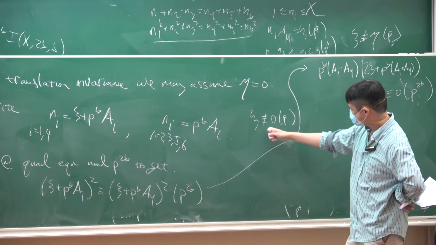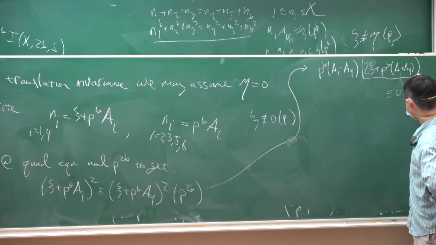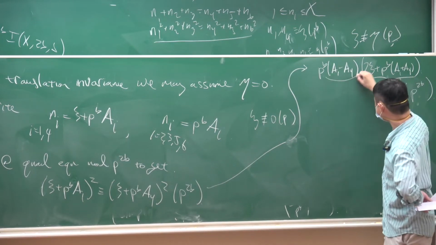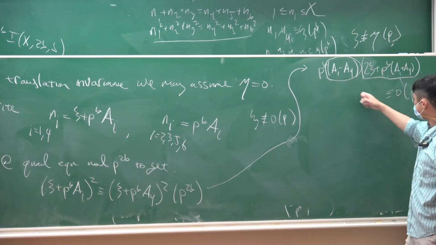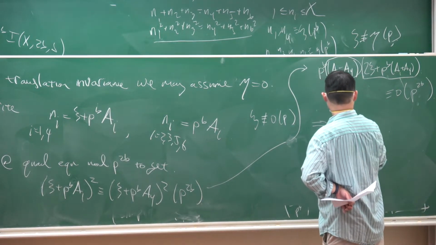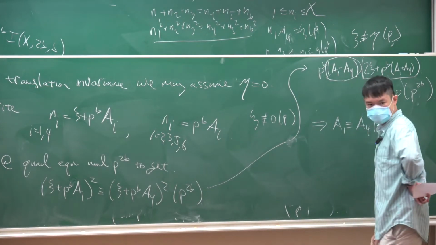We haven't used the fact that c is not divisible by p. So that means no powers of p can divide this guy. Right? Because c is not 0 mod p. So that means this thing is not divisible by p. So that means all the powers of p must divide this guy. So this implies that a1 is congruent to a4 mod p to the b.